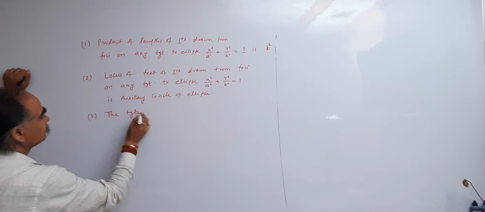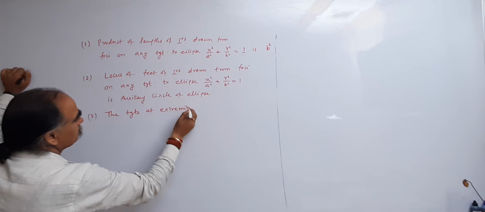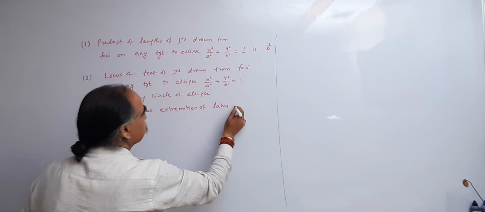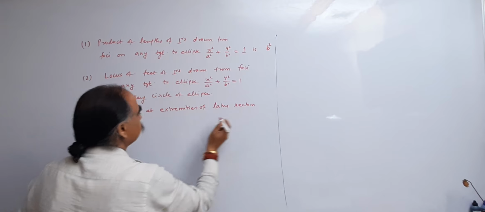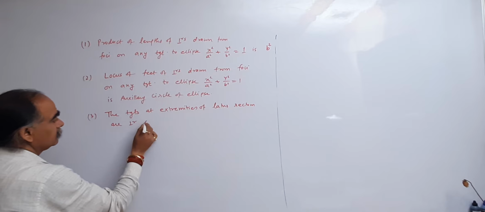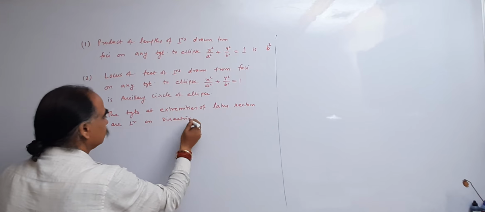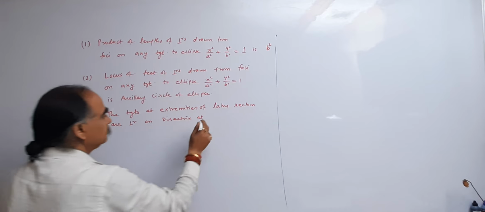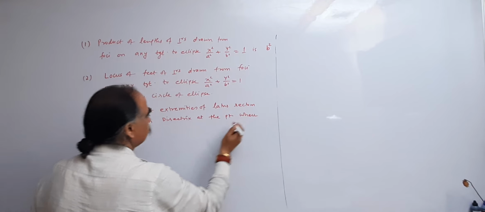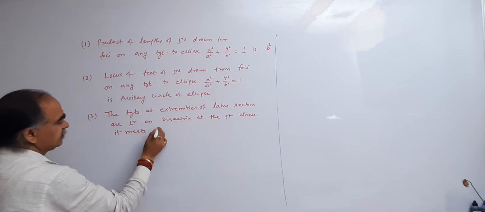The tangents at the extremities of the latus rectum are perpendicular on the directrix at the point where it meets the major axis.